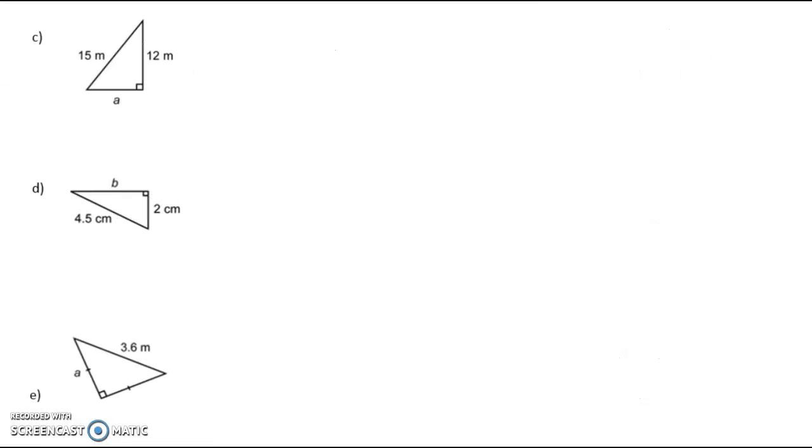Okay, next. First thing you do, label your triangle. My hypotenuse. Side 1, side 2. Hypotenuse equals, side 1 is 12 meters squared, plus side 2 is a squared.